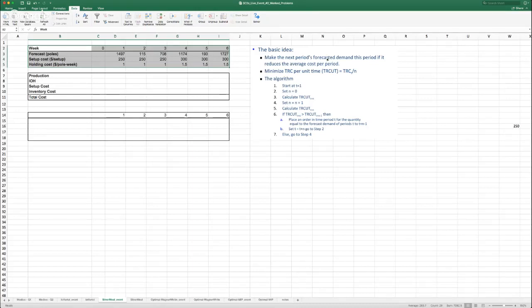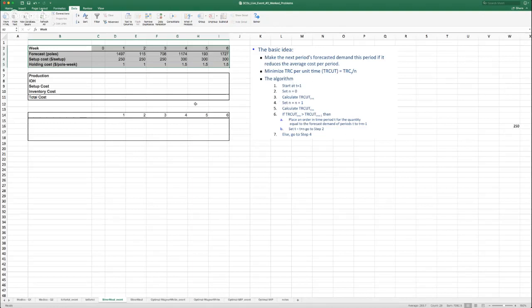Really, this is still a heuristic approach, but a little bit more sophisticated than what we did for lot for lot. And this is the algorithm. What this question is asking is, can you read this and apply it? It's a very useful skill to learn, reading algorithms and being able to apply them on your data set.